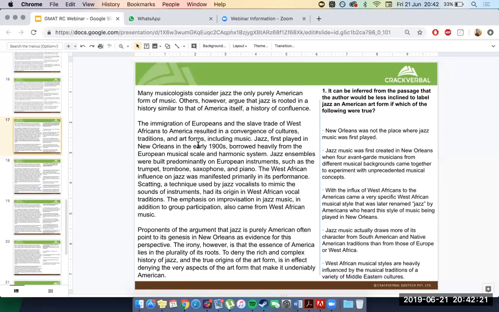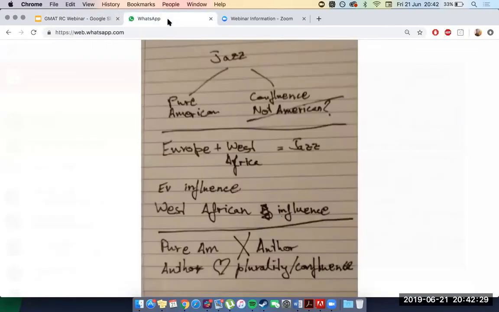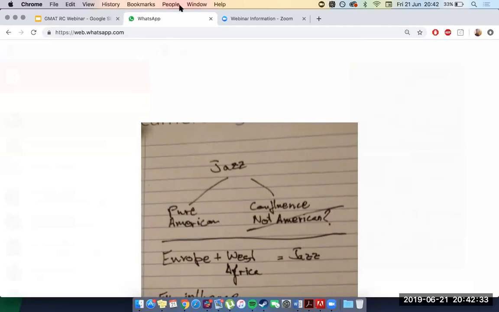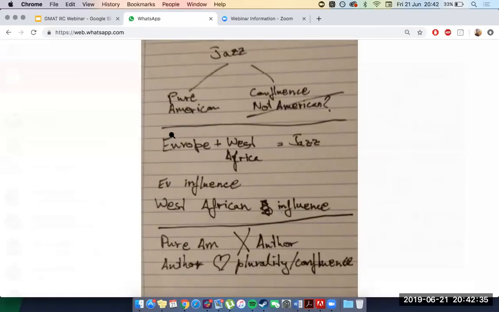That's what this passage is about. So European and West African influences come together to make jazz what it is, right? So Europe plus West Africa makes jazz. Wait a second, that's not right. Okay. And then we have the European influences, and then we have the West African influences.